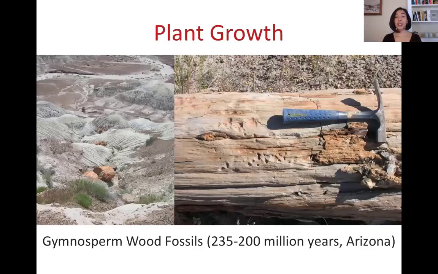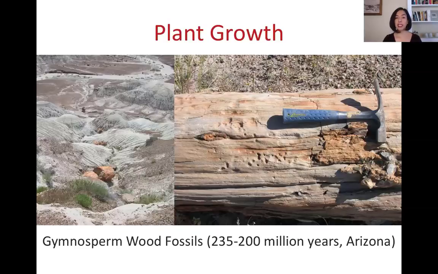So let's learn about plant growth and how plants grow. In here, you can see a fossil in the petrified forest in Arizona. So look at the landscape and describe it. So yes, this is a desert, and it is very unlikely to find these type of trees. You don't find these type of trees nowadays in the petrified forest.